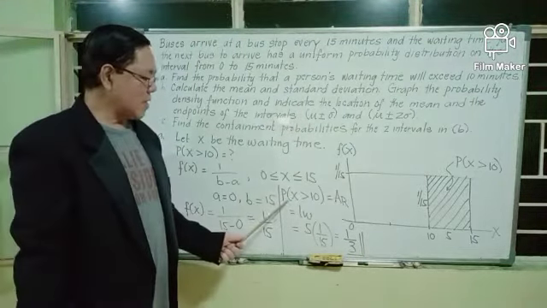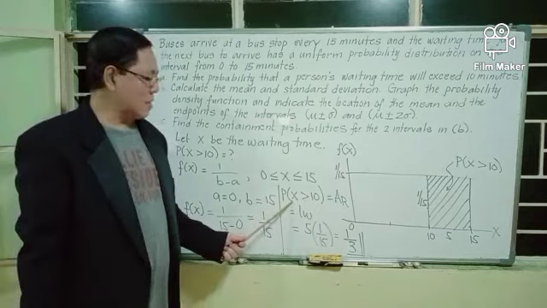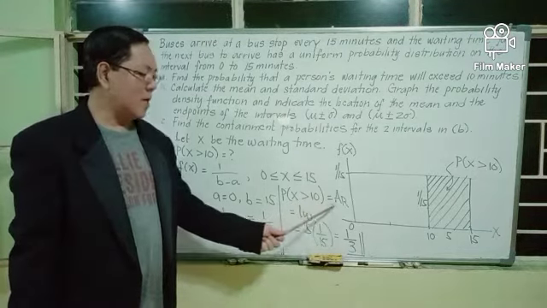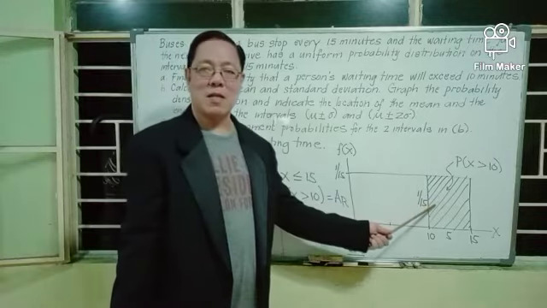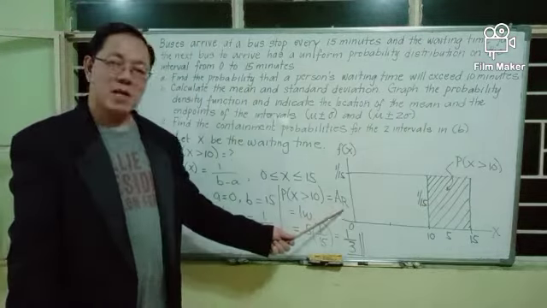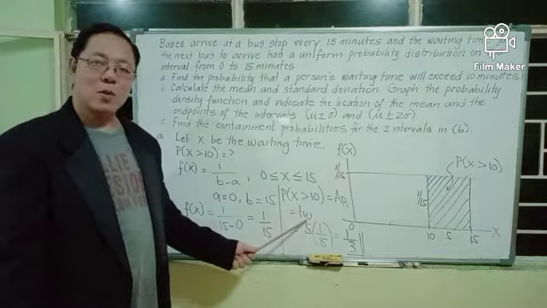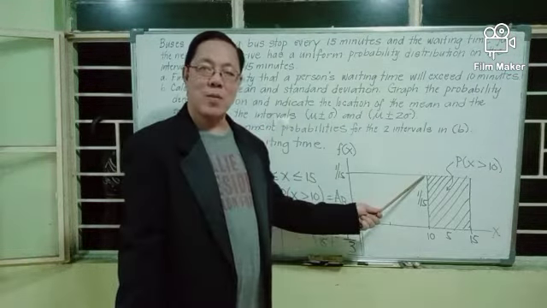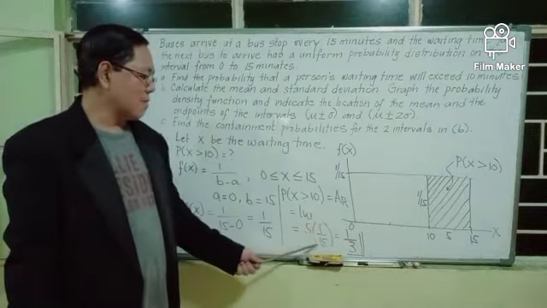The probability that the waiting time of the person will exceed 10 minutes is equal to the area of this shaded rectangle. The area of the rectangle is equal to the length times the width, where the length is 5 and the width is equal to the height of the rectangle, 1 over 15.